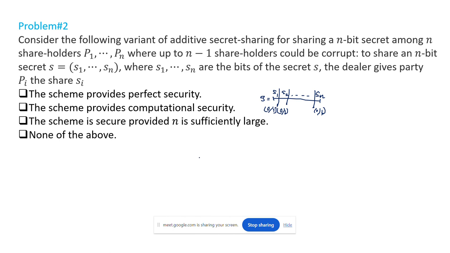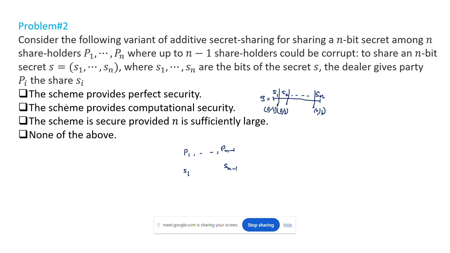Now it says that let's say up to n-1 shareholders can be corrupt. So let's assume without loss of generality that P1 to Pn-1 are corrupt, which means an adversary has knowledge of bits S1 to Sn-1. Now there are some options.